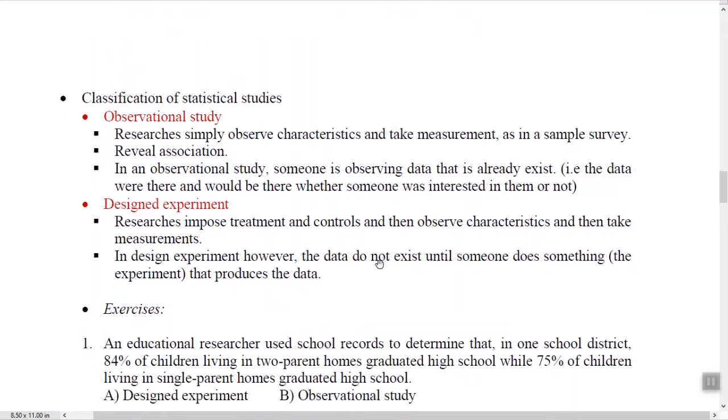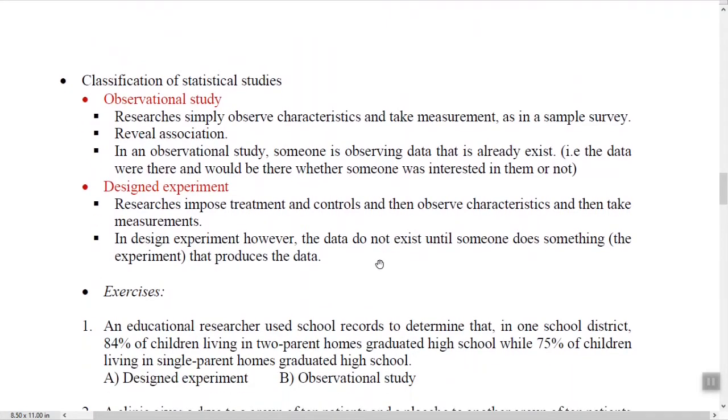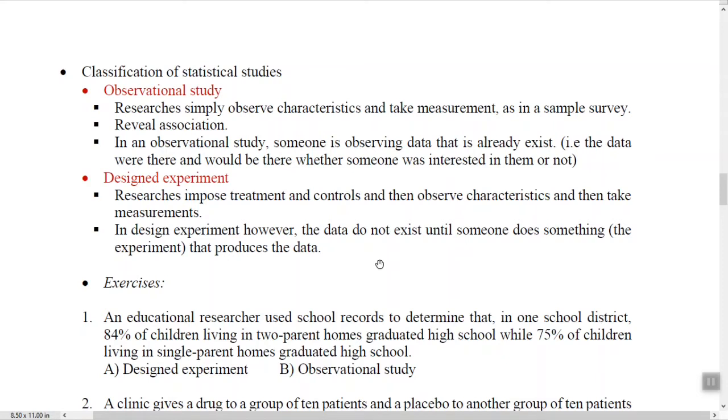Okay, the next one is how we perform this kind of experiments or studies. How are we doing this? For that, there are two specific statistical studies we call observational study and design of experiment.